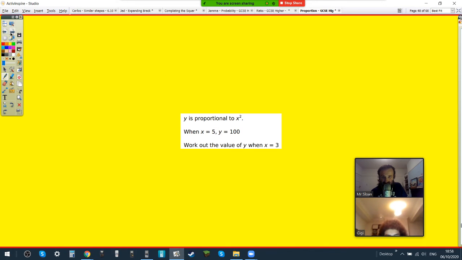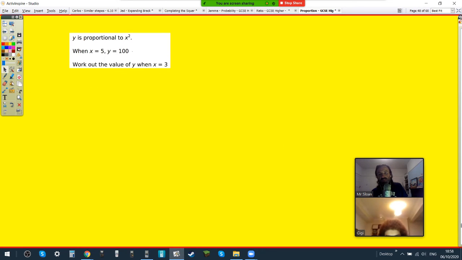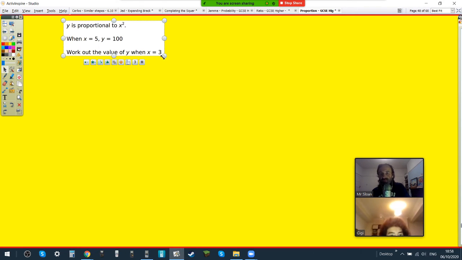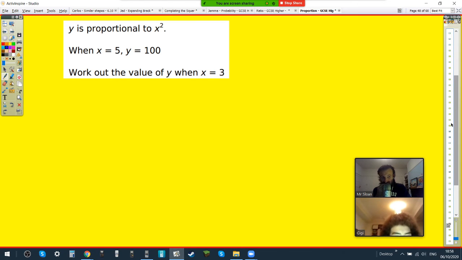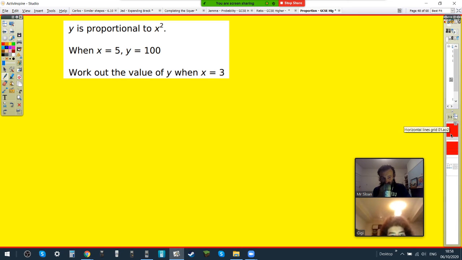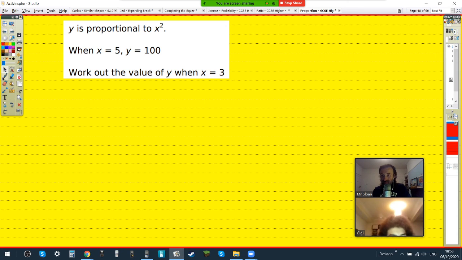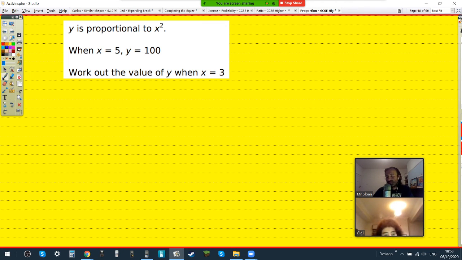Is that it? Do you know what this is about? Y is directly proportional to x squared. When x is 5, y is 100. Work out the value of y when x equals 3. Walk me through this one.